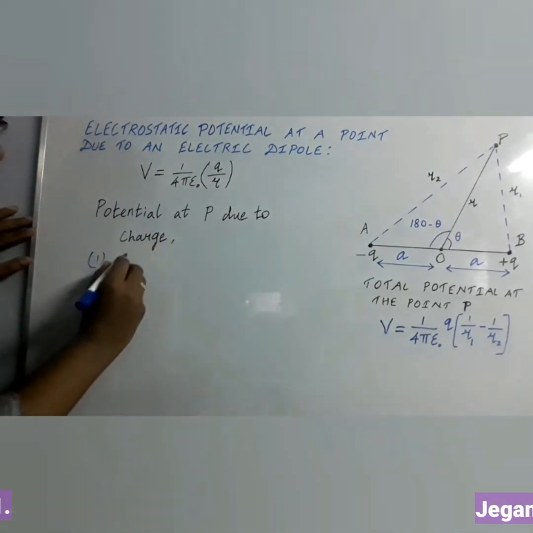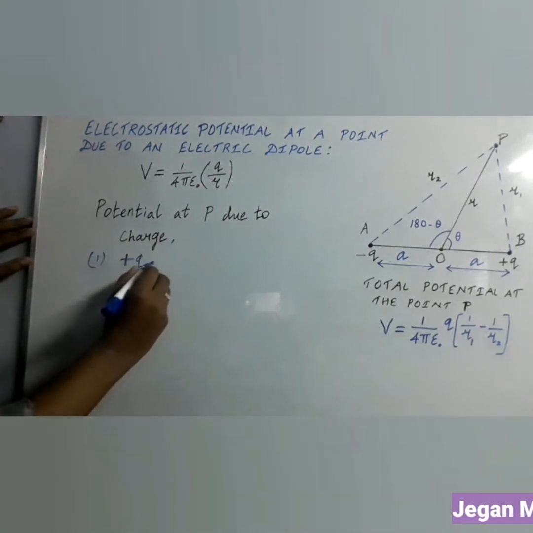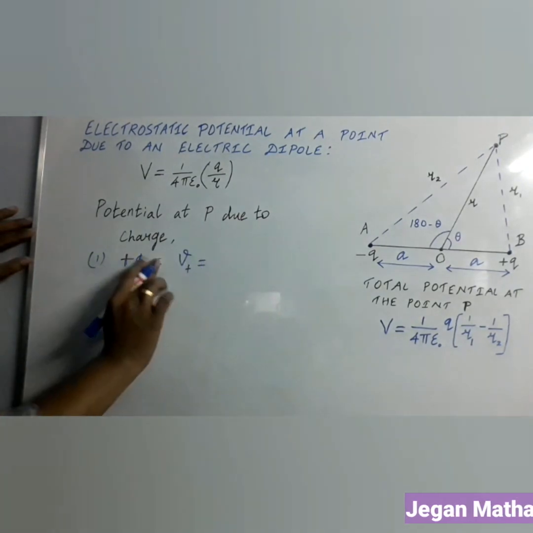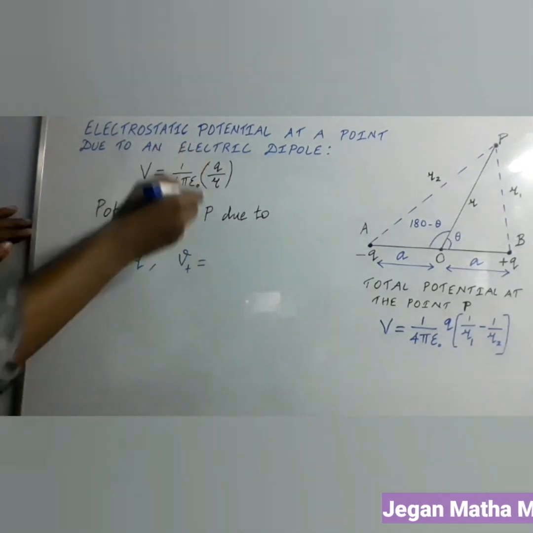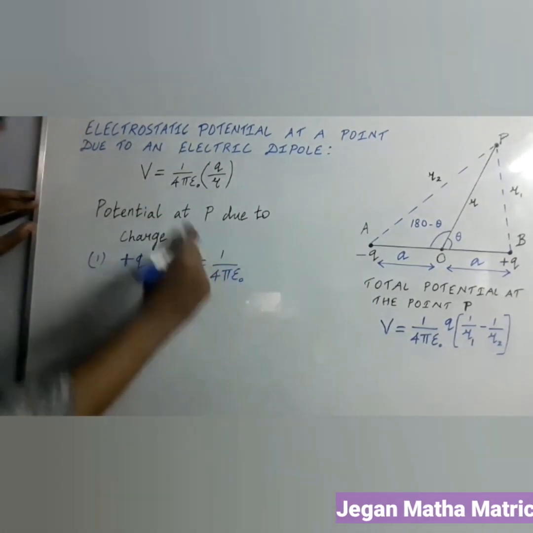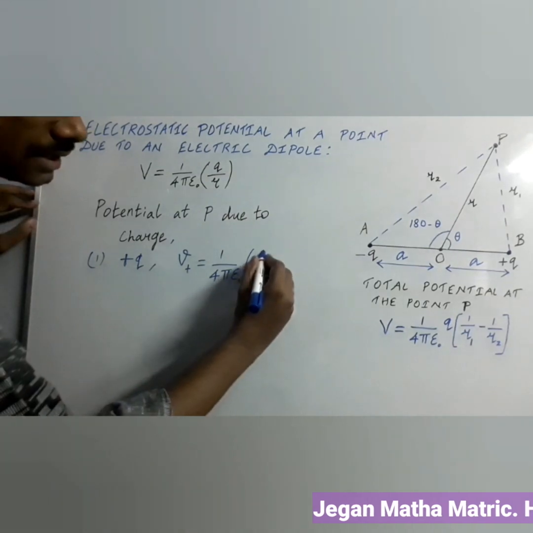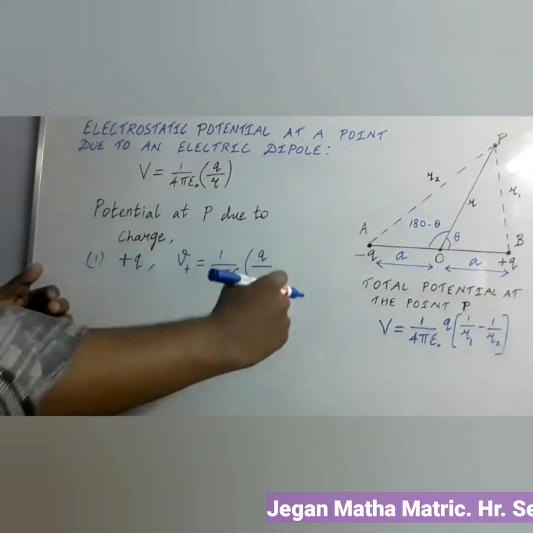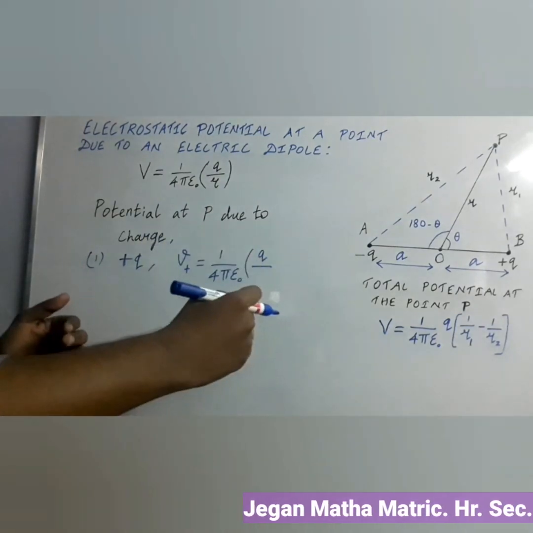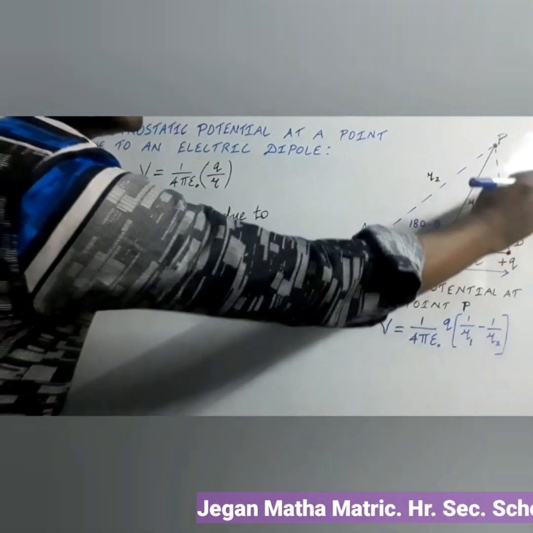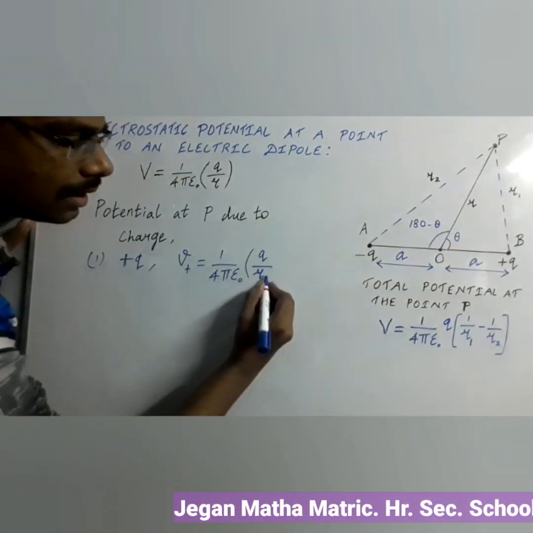The potential due to the charge plus Q, let it be V plus, is equal to the general expression 1 by 4 pi epsilon naught Q by R. What is the distance between the point charge and the point P? That is R1. Here you have to write R1.